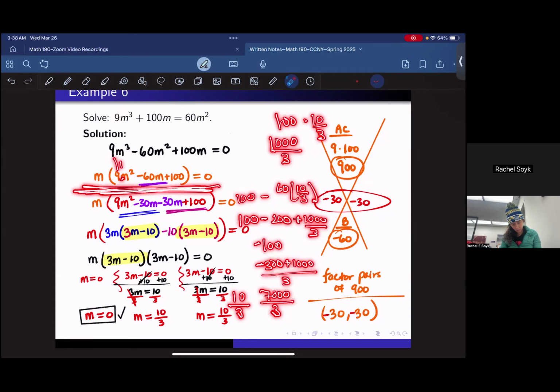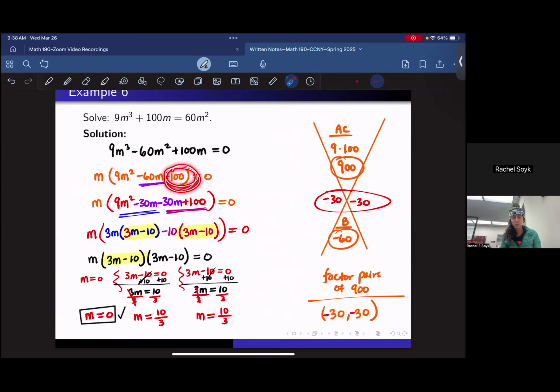So we got 100 minus 200. Yeah, we didn't even have to multiply that last term. So 100 minus 200 plus 100 gives you 200 minus 200, which is 0. And 0 times any number will spit back 0. So all of these solutions end up working.